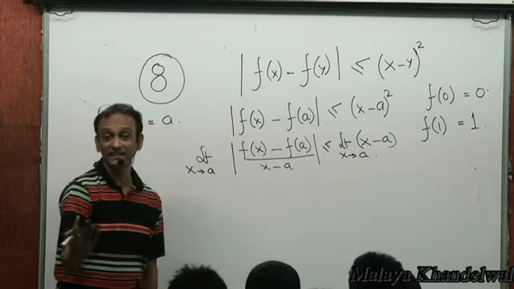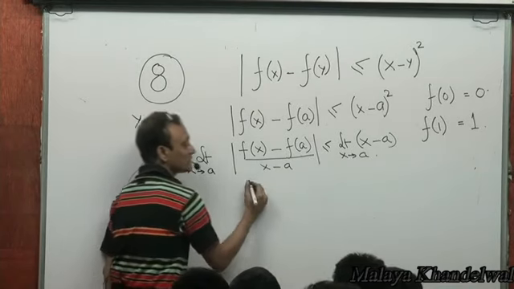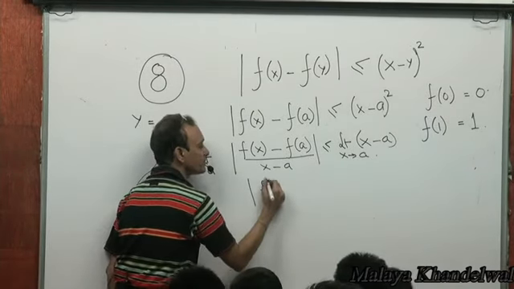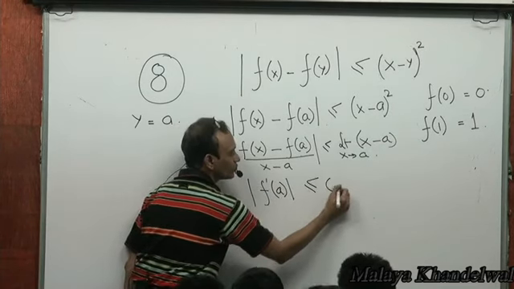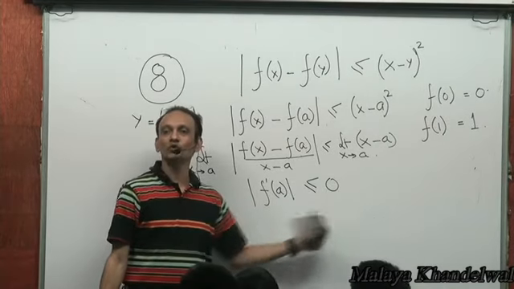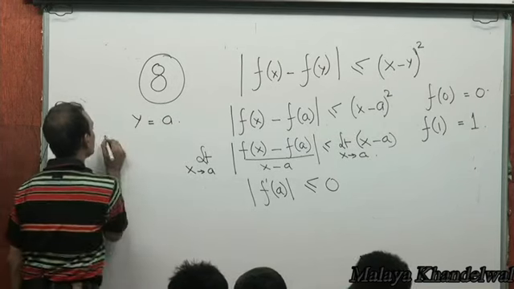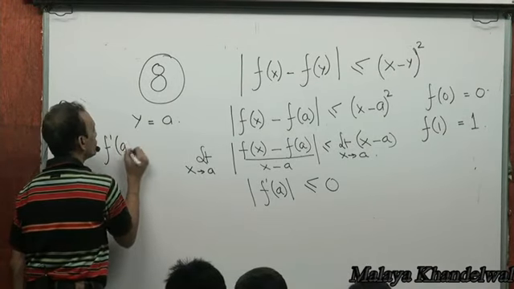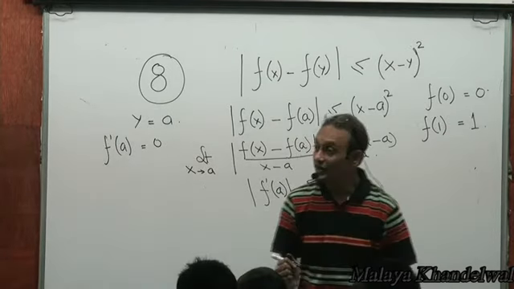This is for any real a, this condition, right? What is this? Mod f dash a less than or equal to 0. But modulus can never be negative, so the only possibility is modulus must be 0. So the only possibility is f dash a equal to 0, and this is true for any a.